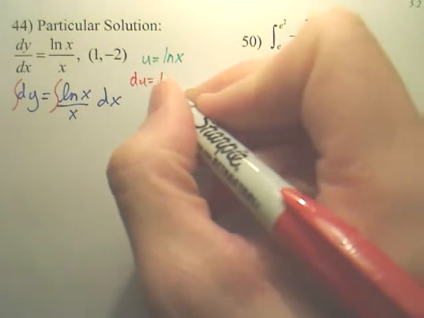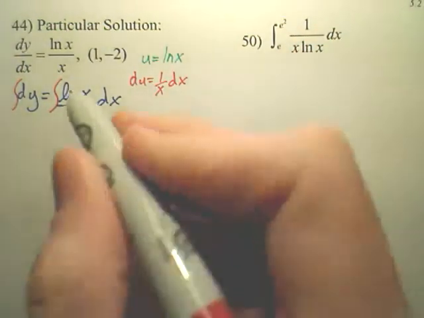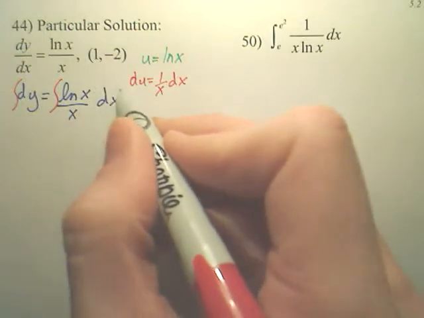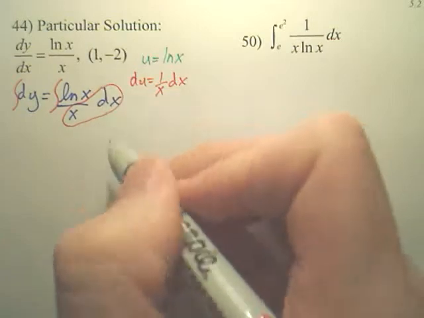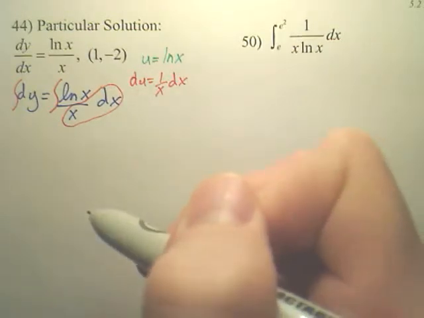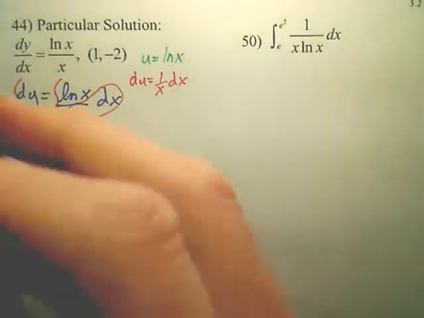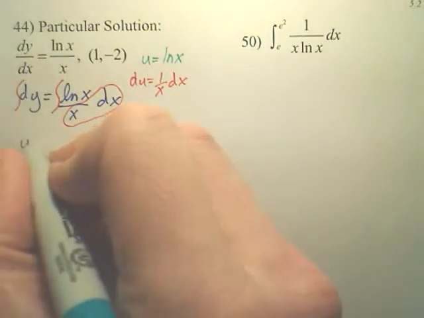Watch what happens. du is going to be 1 over x dx. Now, isn't there really a 1 over x? Isn't this 1 over x dx right here? So isn't this right here du? It's kind of hard for some people to see that. The integral of 1 dy is y.